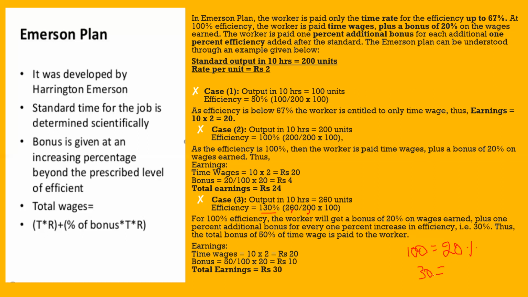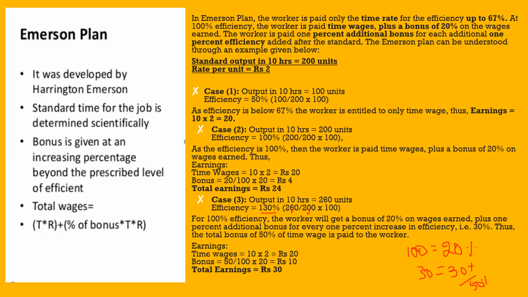For that, considering 1% of efficiency as 1 unit of percentage of bonus, 30% of bonus he should receive, right? That is a total of 50% of bonus he is receiving. In case 2, he received only 20%. In case 3, the more efficiency he has, the more bonus he is receiving.